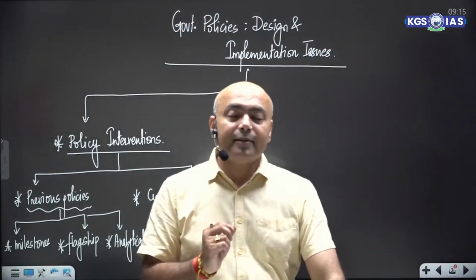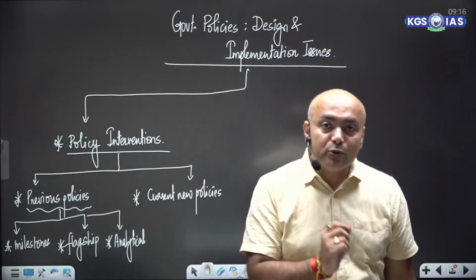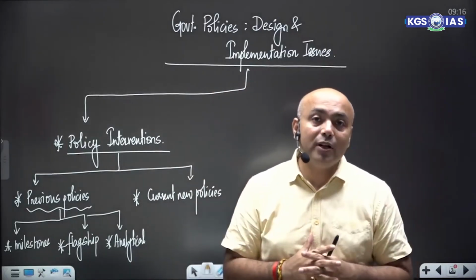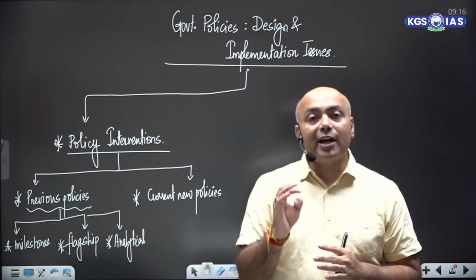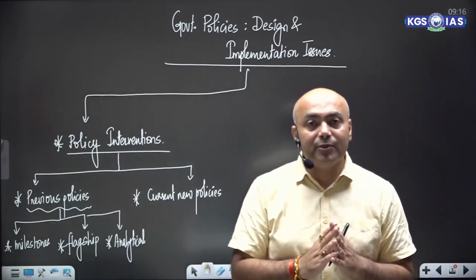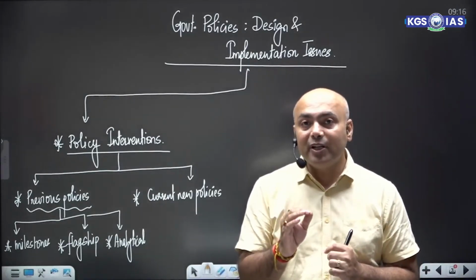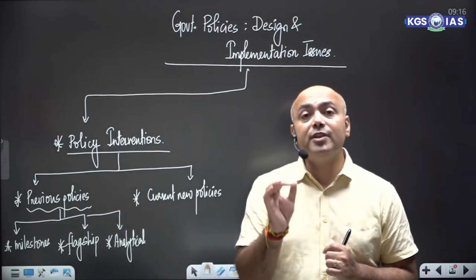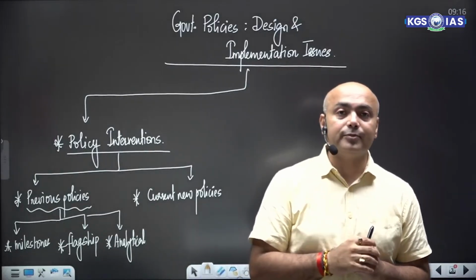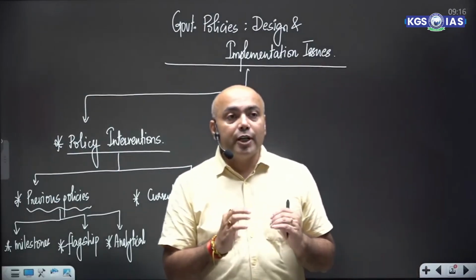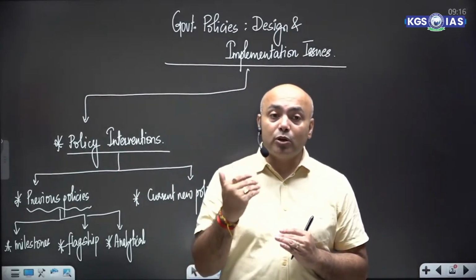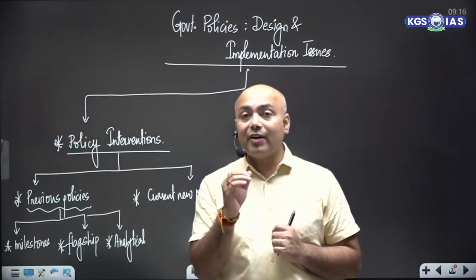So in that case, what are we supposed to do? What is the way out? How do we address this particular part of the syllabus? We address it in very simple terms: we look at what policies have achieved some major milestones.